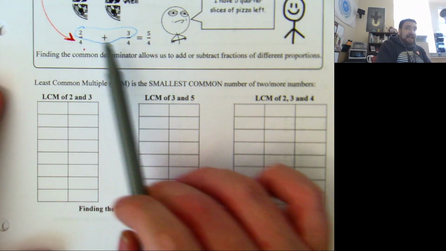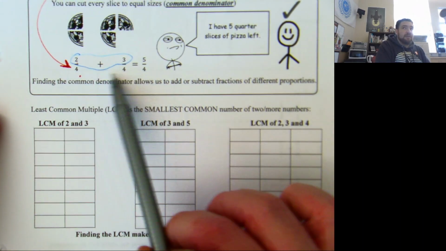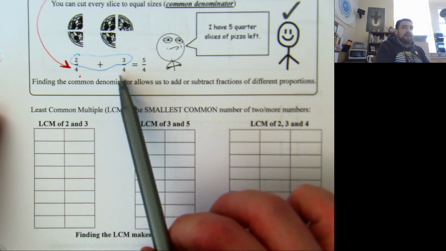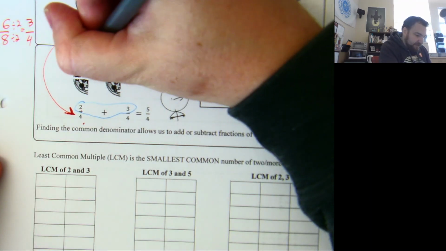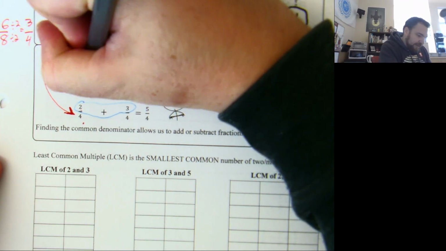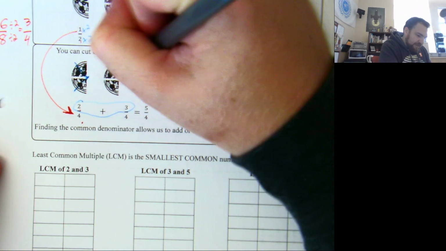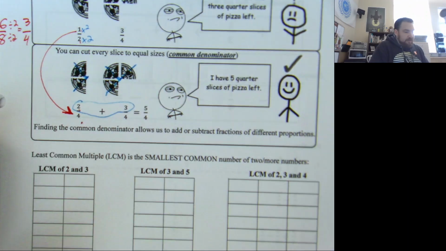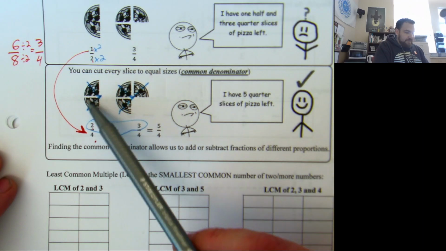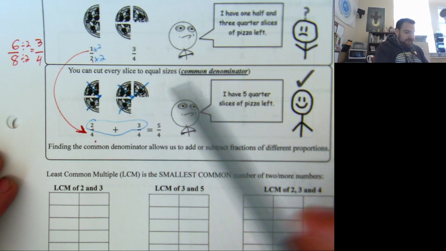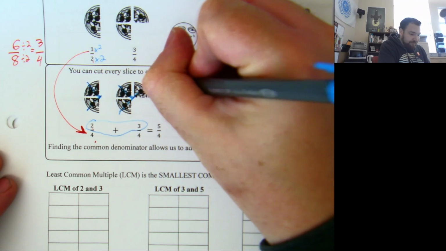Now, when you're creating common denominators here, they don't all have to be the lowest common denominator. I could have cut these pieces into more pieces. I could have cut this quarter again, and this quarter again, and this quarter again, and this quarter again. How many pieces would I have now? 1, 2, 3, 4, 5, 6, 7, 8, 9, 10. I'd have 10 of them.